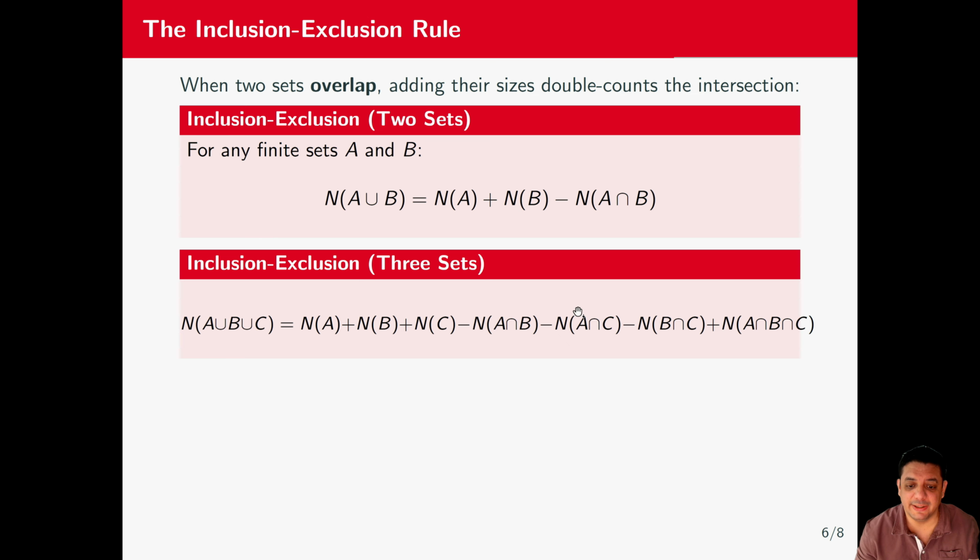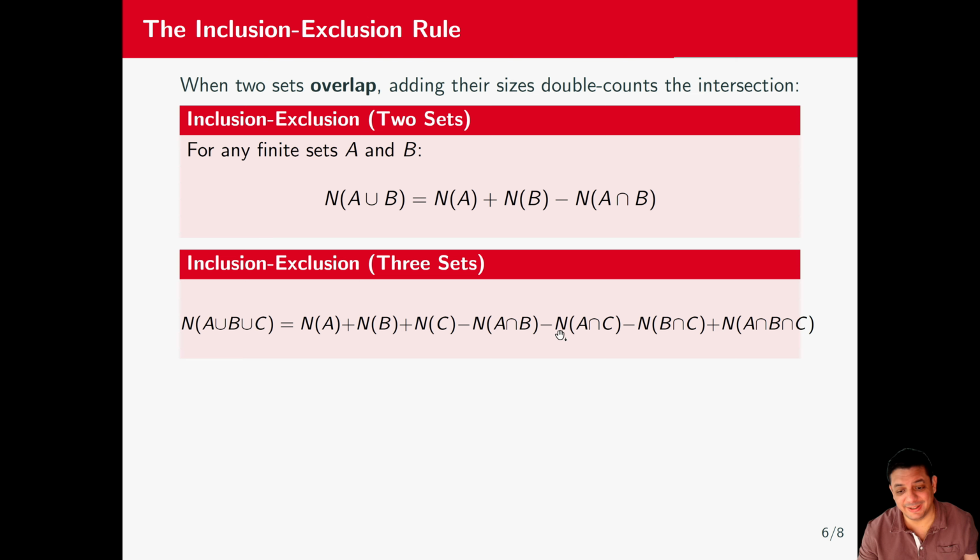The reason is that when we count the number of A, the number of B, and the number of C, we're counting the triple intersection 3 times, but we're subtracting the intersections 3 times as well.